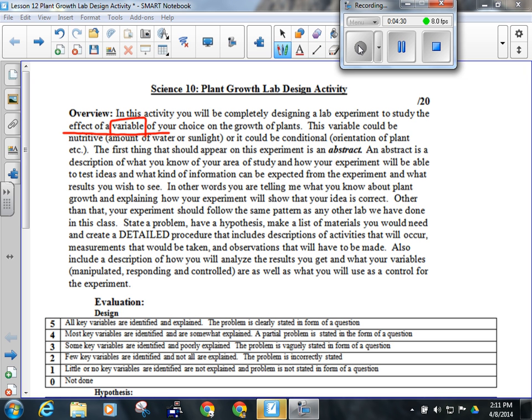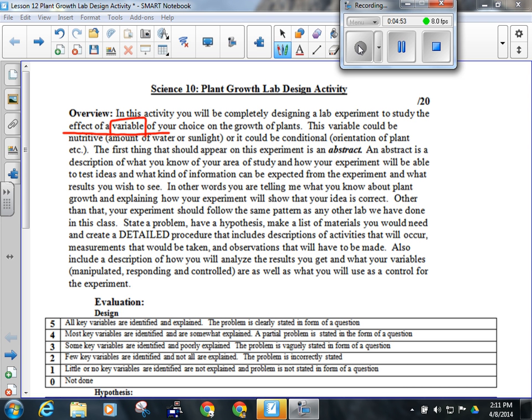If it has to do with water, sunshine, any kind of light or soil, that's going to be your manipulated variable. Now, in a proper experiment, how many manipulated variables can you have? One. You can only have one.